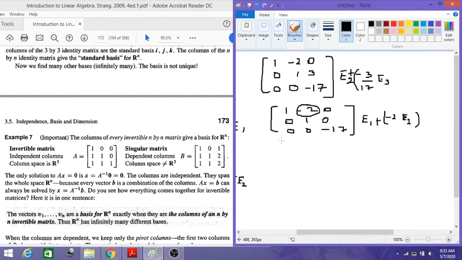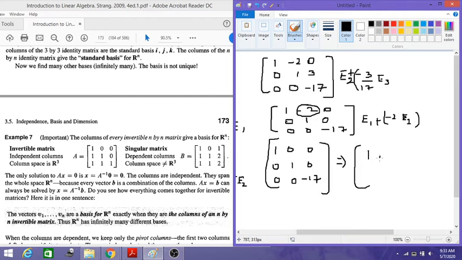So then I'll get the first matrix as 1 0 0, and this 0 1 0, and this is 0 0 minus 17. So now to bring it into the reduced identity form, I'll divide the pivots by themselves. So finally I'll get 1 0 0, 0 1 0, and 0 0 minus 1. Or we can divide by minus 17 itself, so that I get plus 1 here.